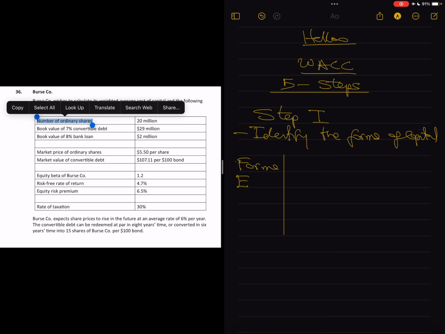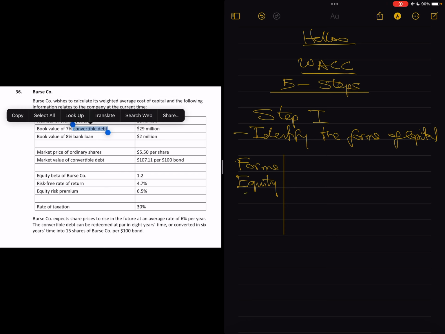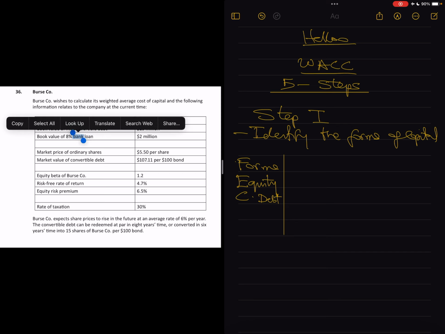So we have equity. We have convertible debt, not just debt, but the convertible debt. And we also have bank loan. So we have done step 1.